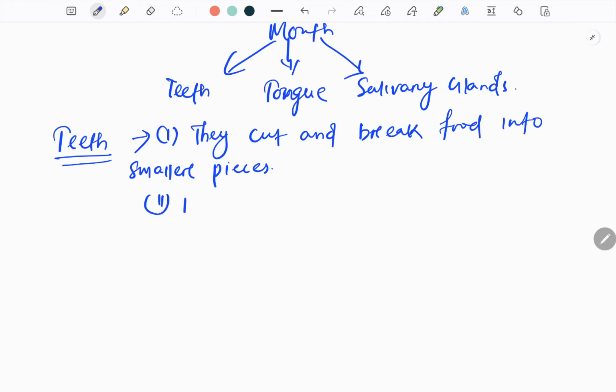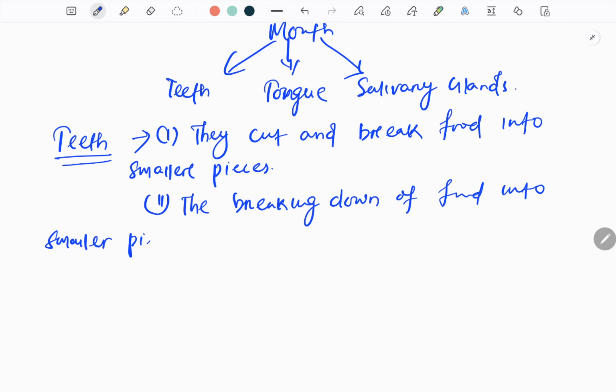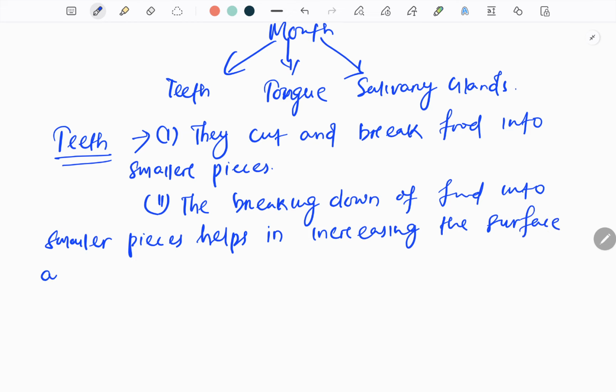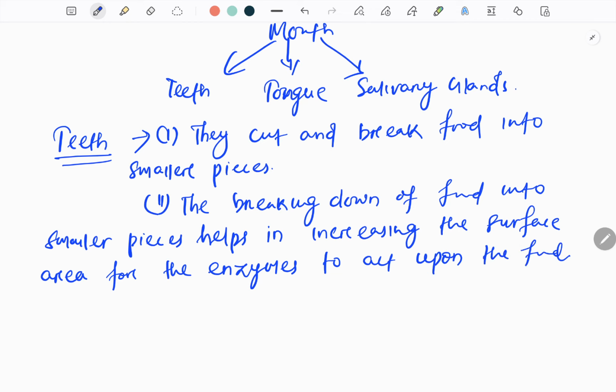Second, the breaking down of food into smaller pieces helps in increasing the surface area for the enzymes, the digestive enzymes, to act upon the food. This is an important thing. Getting my point?